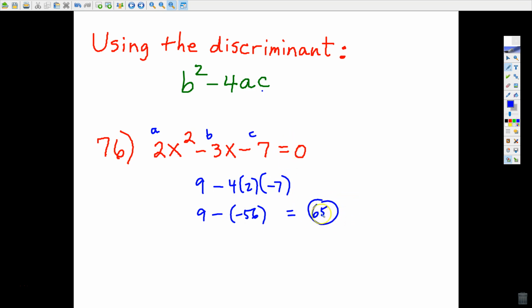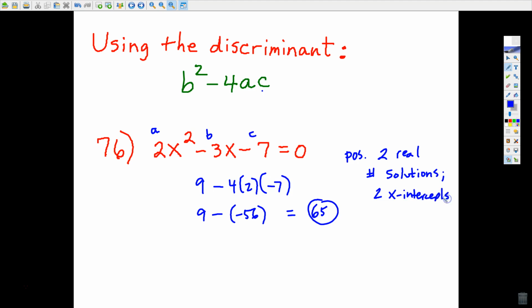So here's the deal about the discriminant. It's really all about its sign. Notice that it's positive 65. For a positive discriminant, you are going to have two real number solutions. And taking that one step further, as we look ahead to graphing, two real number solutions means we're going to have two x-intercepts.